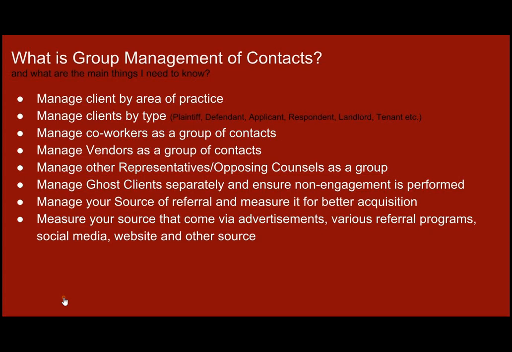If it's a multi-law firm office, then the need for collaboration is higher. Or if it now includes an assistant or other professionals in the firm, then you need a way to categorize those contacts. That's another great opportunity through this group management to categorize and classify these contacts into various tags.